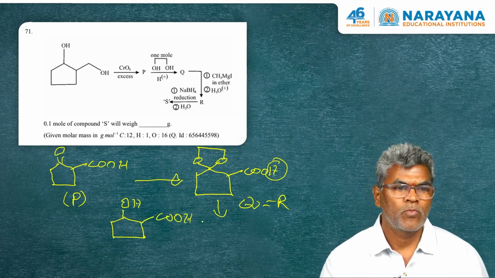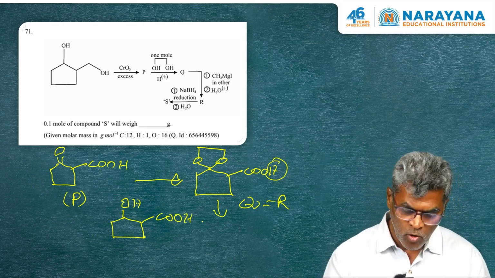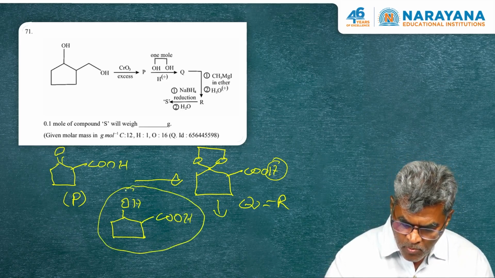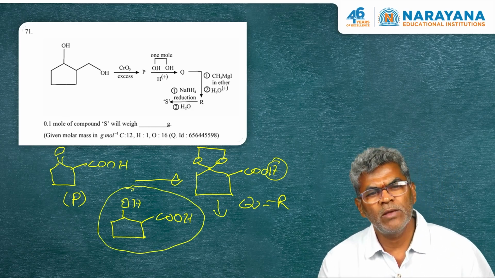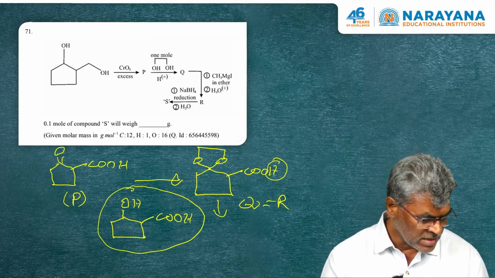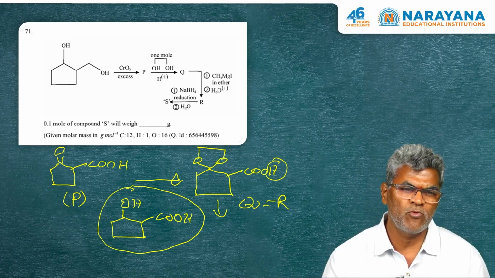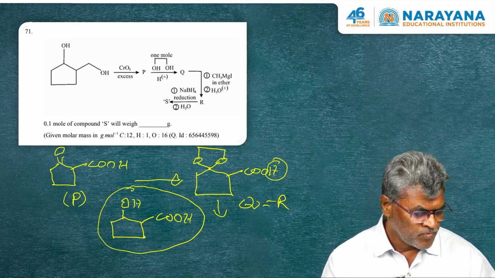That is the compound. Now, 0.1 mole, if you calculate the molecular weight of this compound into 0.1, you are going to get the answer. Molecular weight 130, 130 into 0.1, 13 grams is the answer, right.